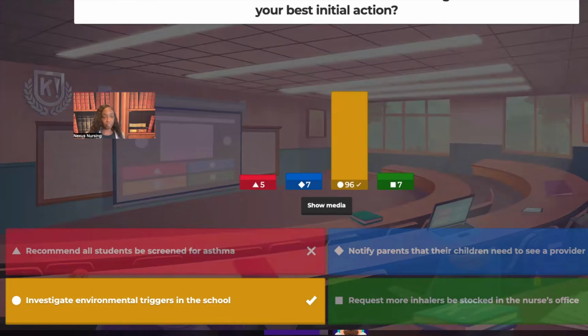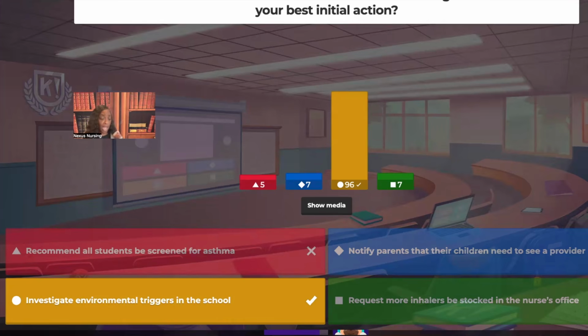Very good. Investigate environmental triggers in the school. Again, when it comes to community health nursing, the first thing you always want to do is assess and address risk factors in your community, in your area. For this particular question, if you're the school nurse, you're going to be assessing and addressing those factors in the school, right? You're going to be looking for environmental risk factors.